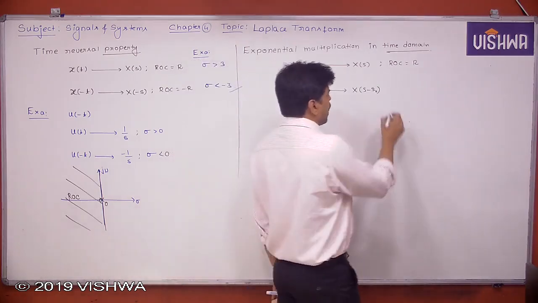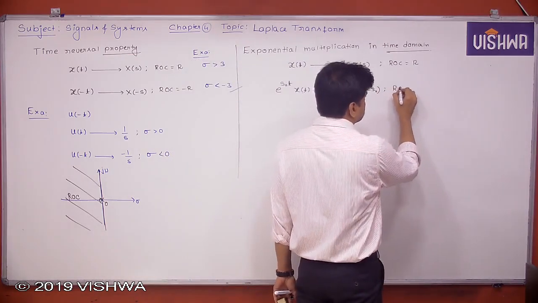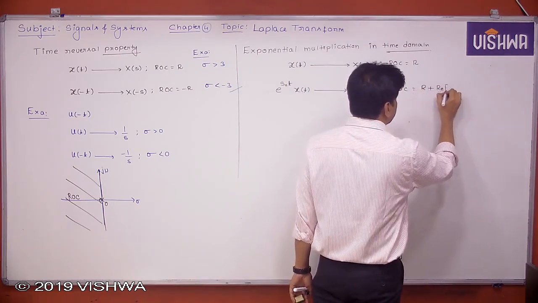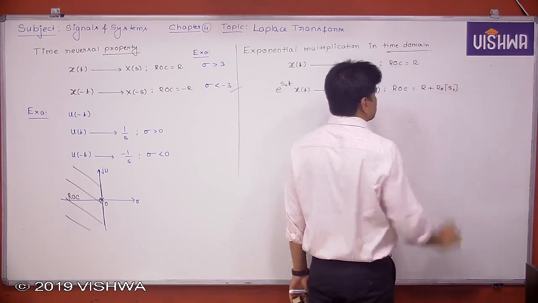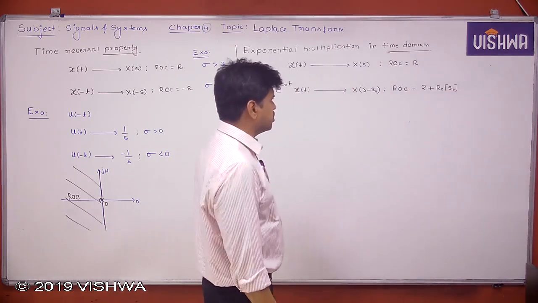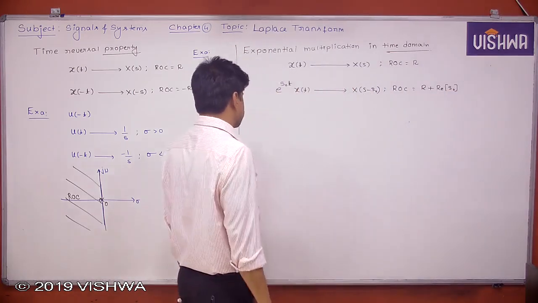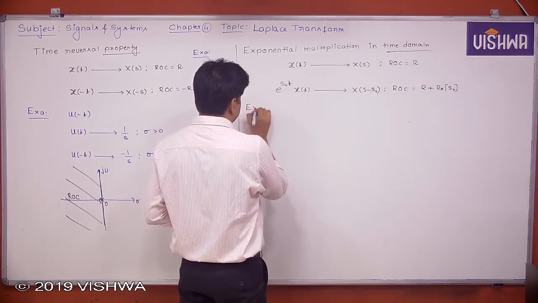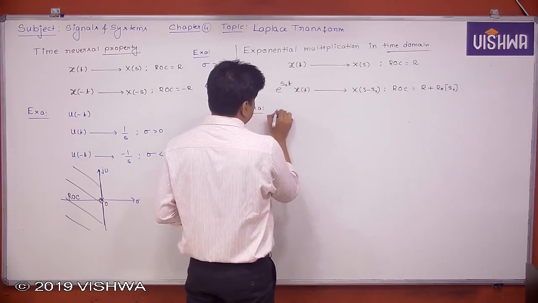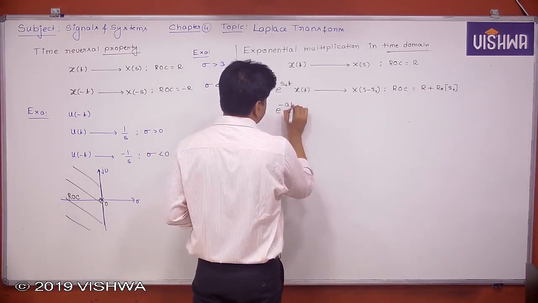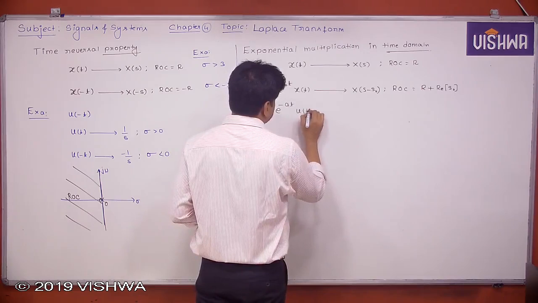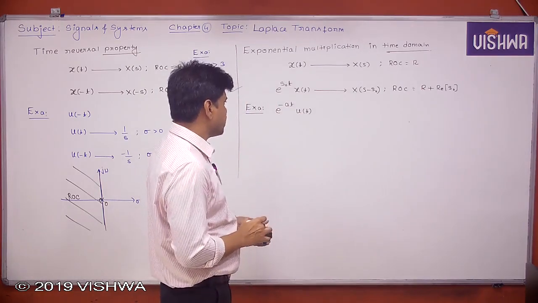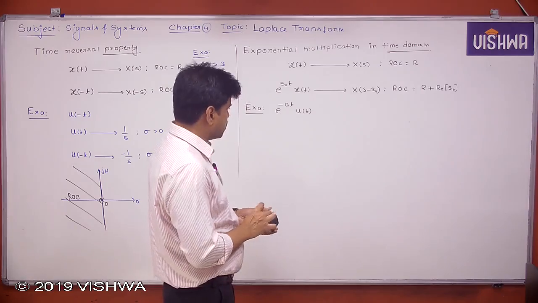Then what will happen to the ROC? The ROC is equal to R plus the real part of s naught. What do you mean by that? Suppose, let's say, I will take one example: e power minus at u of t. For this I have to calculate the Laplace transform as well as the ROC.